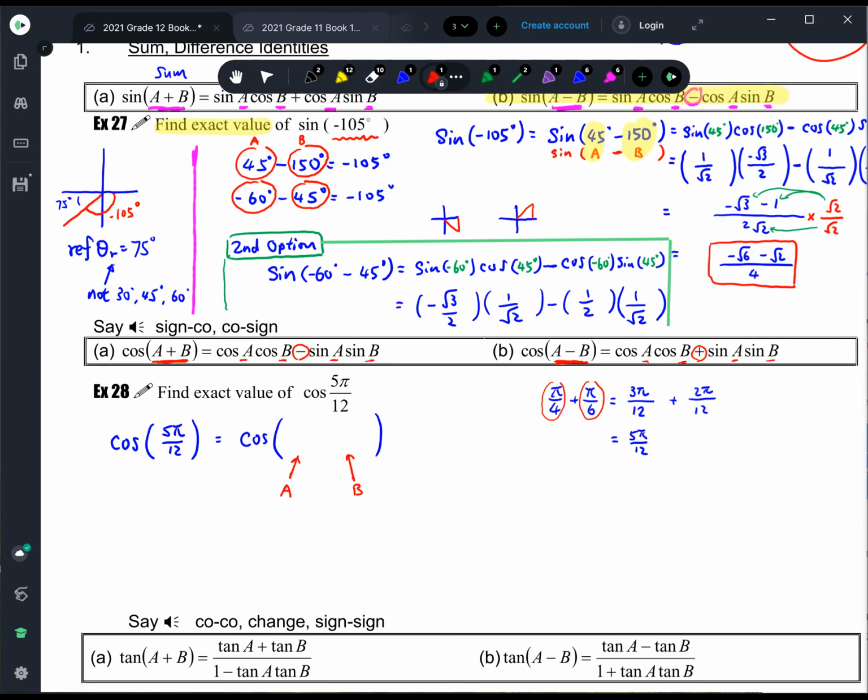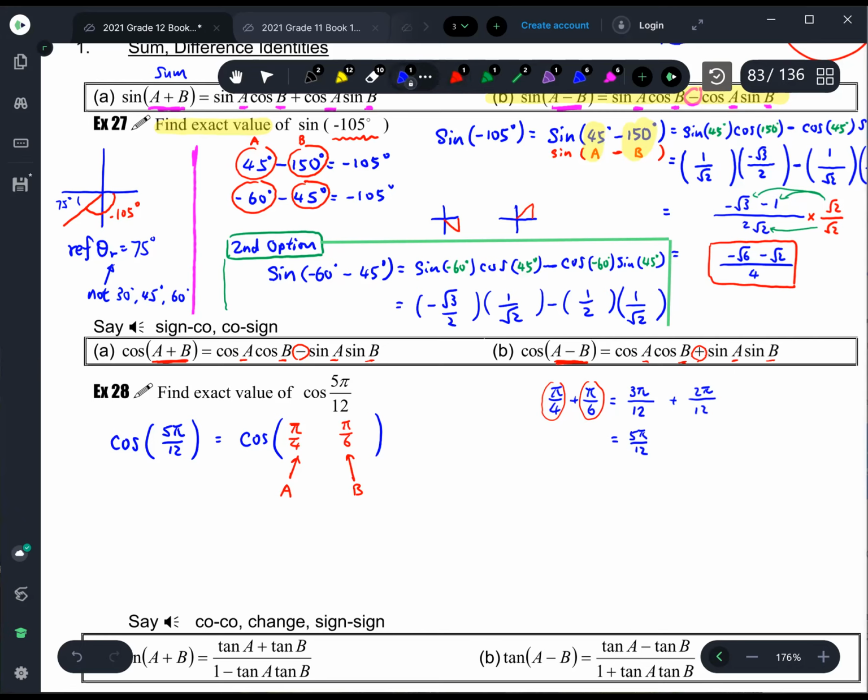Pi over 4 is our A, pi over 6 is our B, but because it's adding, it doesn't matter the order. You can use pi over 6 as A, the other one as B. So the rest is the same drill.